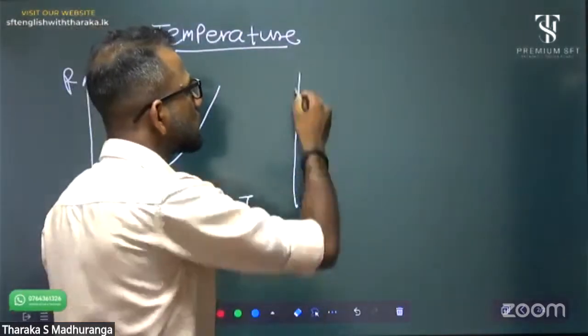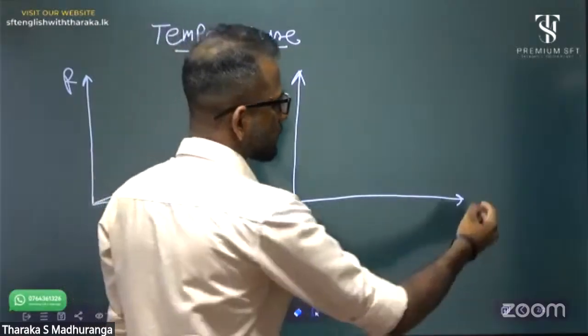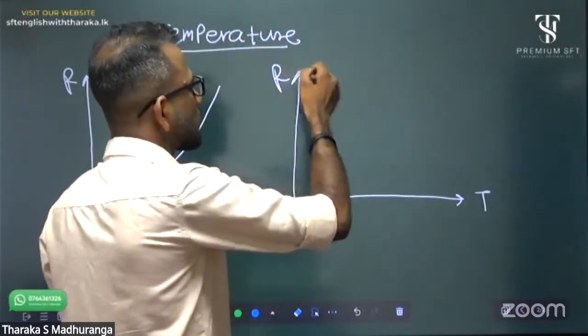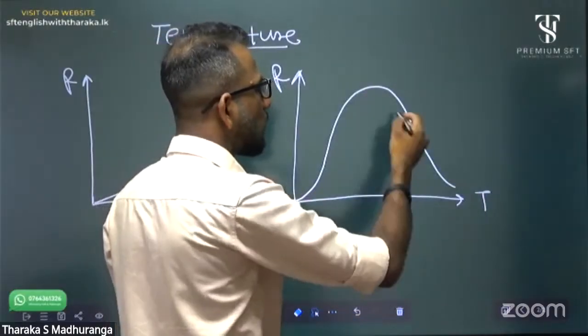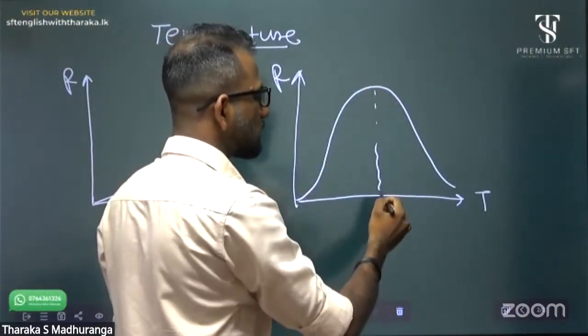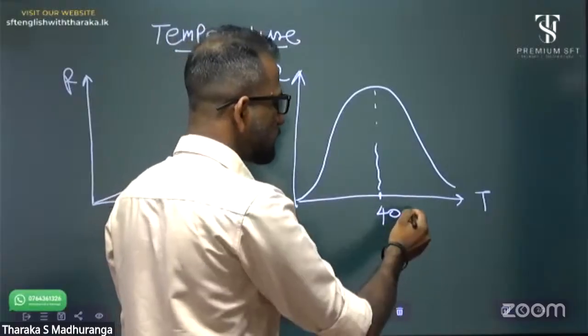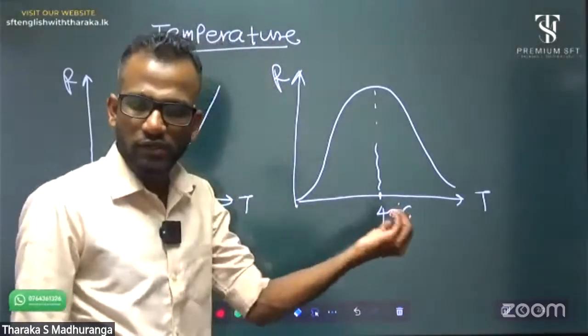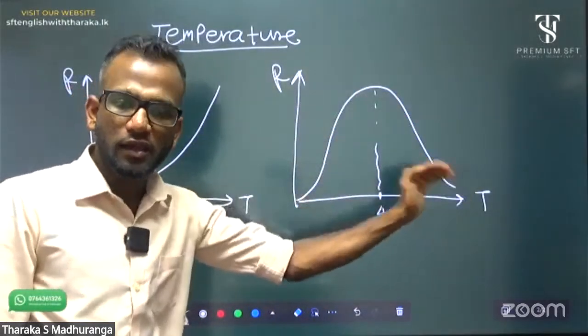But if you have biochemical reactions, this is the behavior: after a certain temperature, normally more than 40 Celsius, the rate of chemical reaction decreases again.